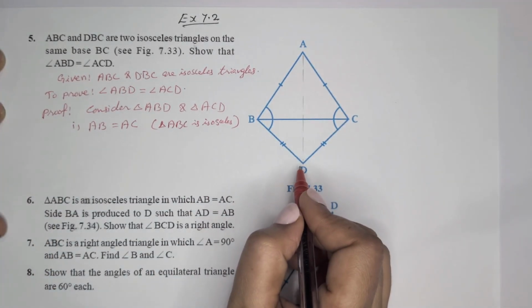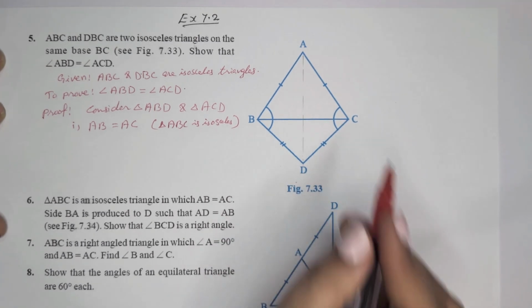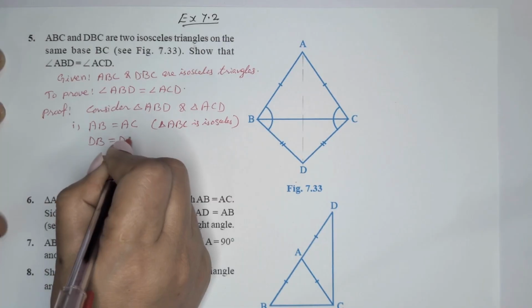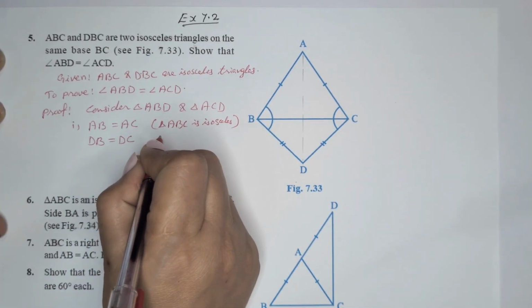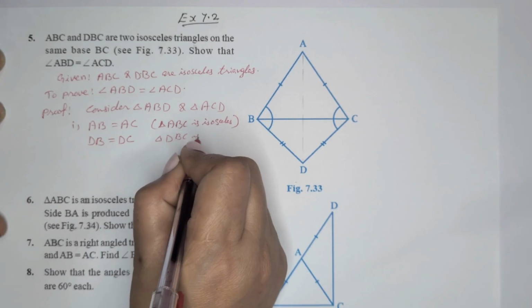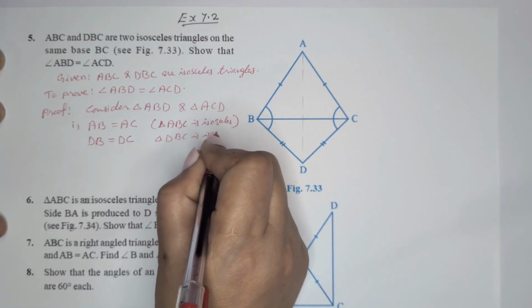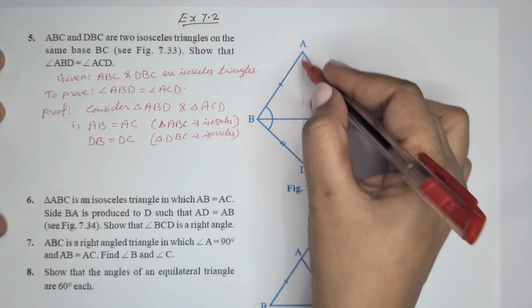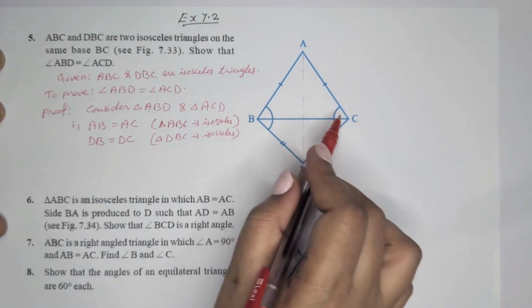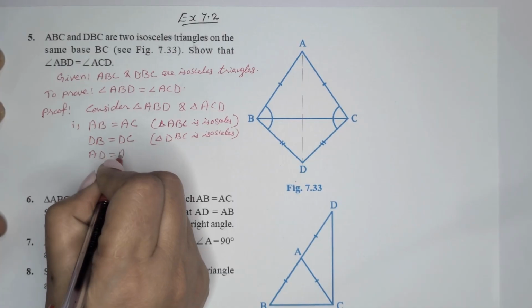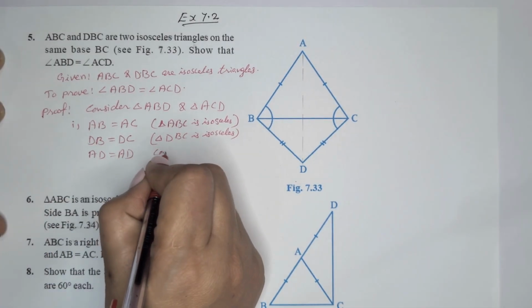Same way here, DB is equal to DC. That's the reason triangle DBC, this triangle, is isosceles. And now AD is common for both the triangles. AD is equal to AD, common side.